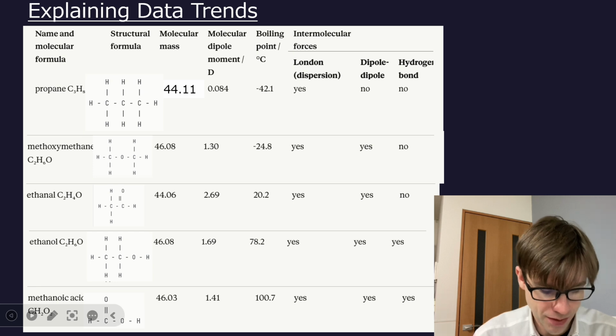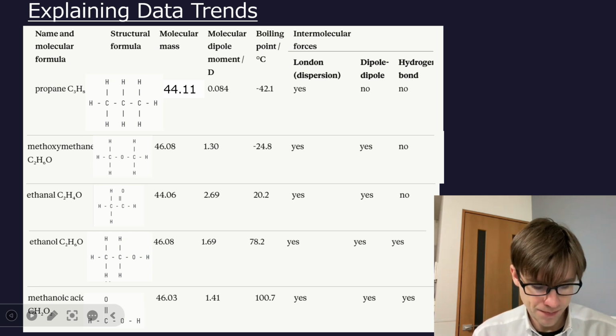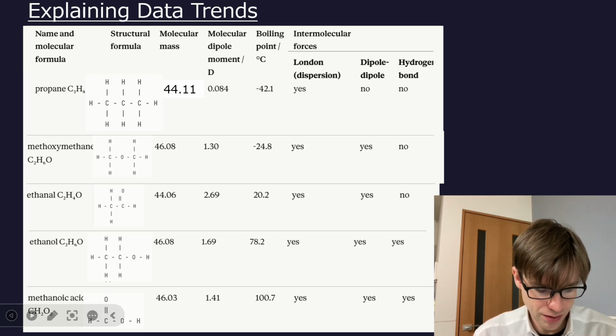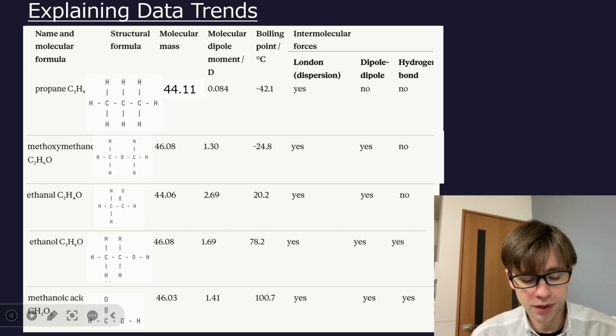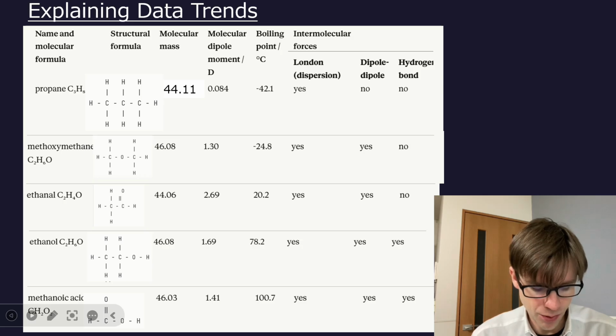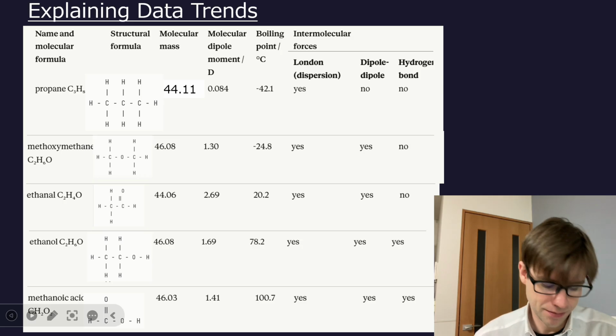So the dipole moment of methoxymethane is much, much higher than propane. Propane is almost undetectable, 0.084. But 1.30 for methoxymethane is much more polar. That means it has a permanent dipole. That means it has dipole-dipole intermolecular forces on top of London. That bumps its boiling point up by around 20 degrees. Okay, we can explain that.